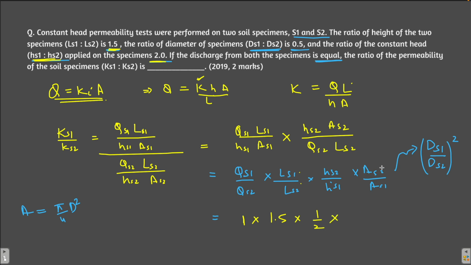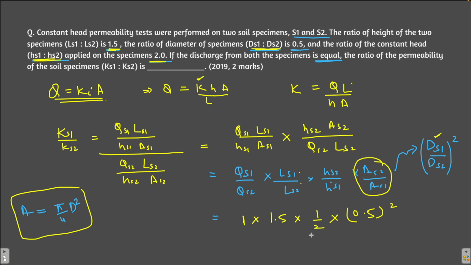Now this area, it is the area which we know, but in the question it is given as the diameter. Now I have told you area is equals to pi by 4 d square. That means we are given with this ratio. This ratio we know. So it is 0.5 whole square, right?